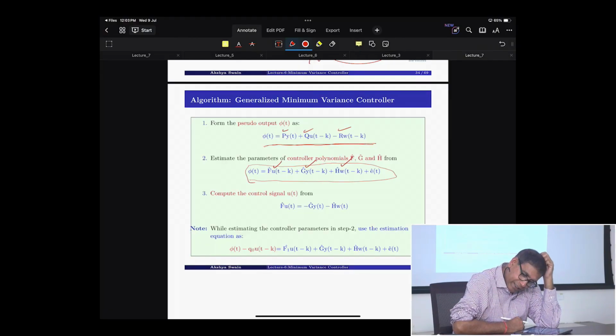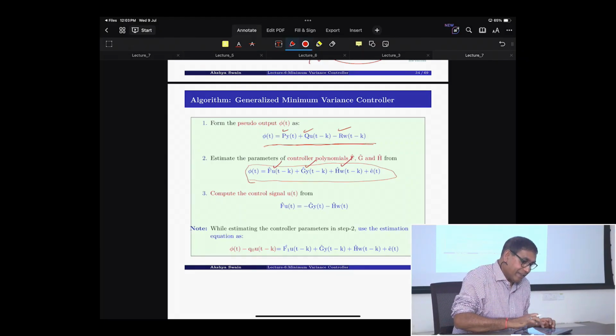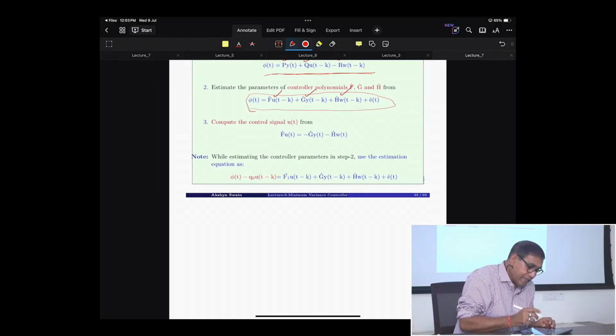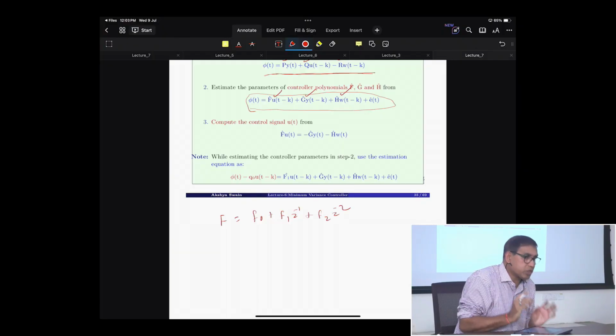This itself will take around half an hour to explain, how to estimate these things. Anyhow, now F cap, F has got the structure F0 plus F1 z to the power minus 1 plus F2 z to the power minus 2. I am just doing 2 things.